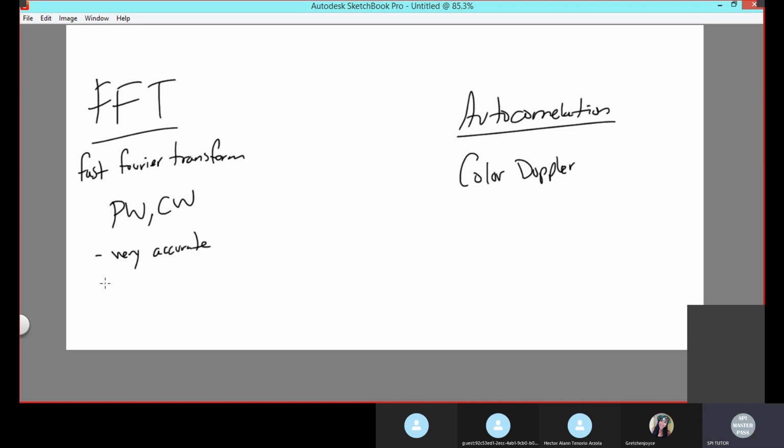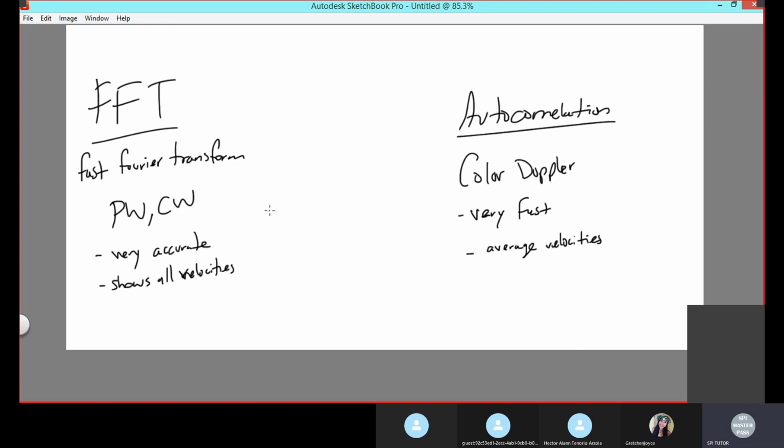And it's very accurate because it shows all velocities. For color Doppler, you need to remember that this guy is very fast. And it's not very accurate because it shows you average velocities.